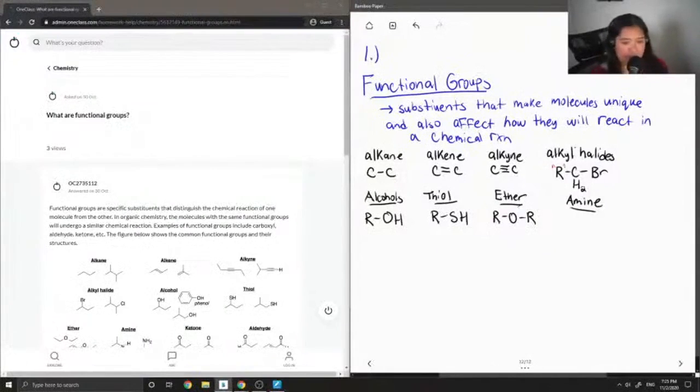For amine, this is when you have a nitrogen involved. The simplest amine is just like an NH2 group, or NH3. And you can have a ketone.